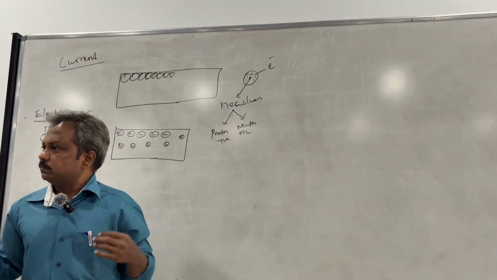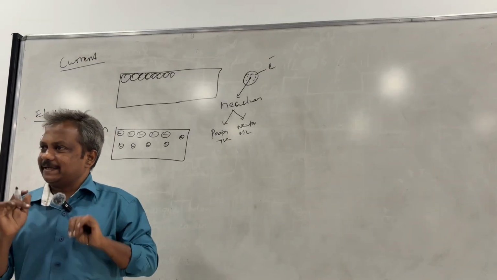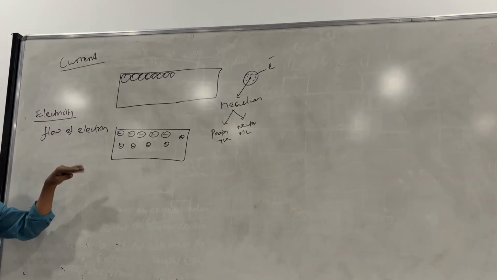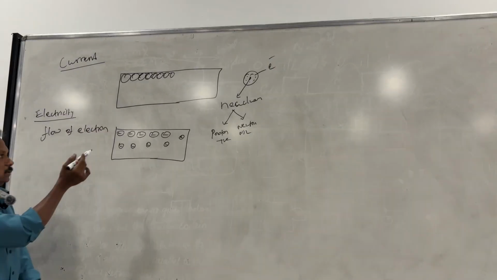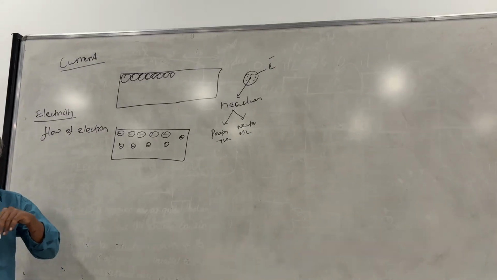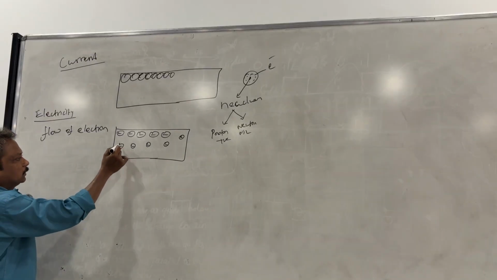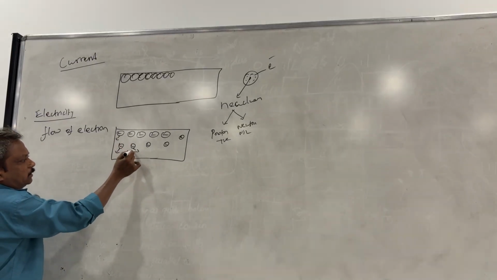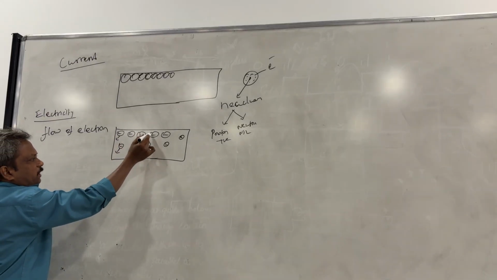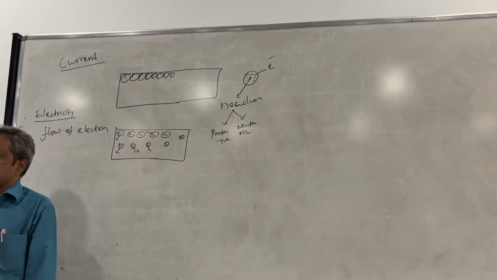Are you oriented towards me or not? Like that, before applying potential, these electrons are randomly moving within the boundary, in any direction, 360 degrees.